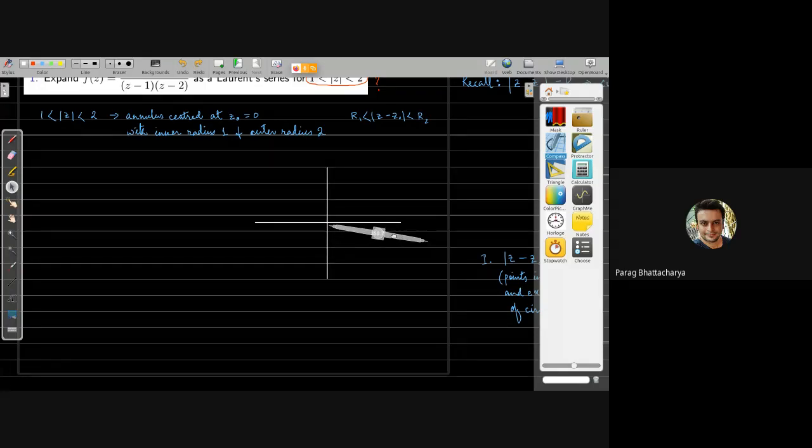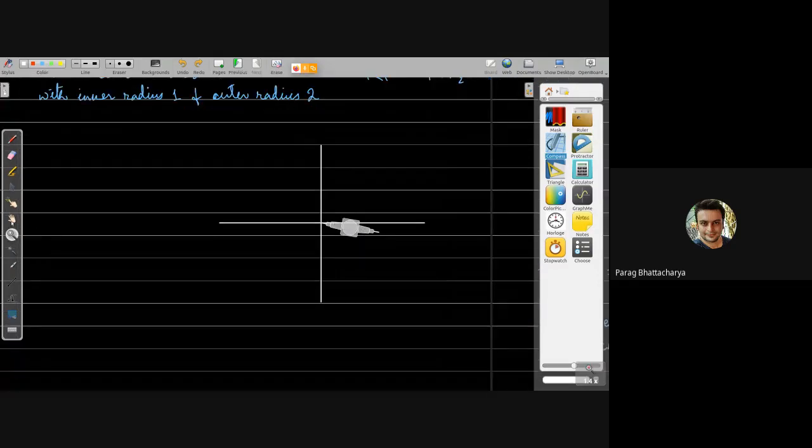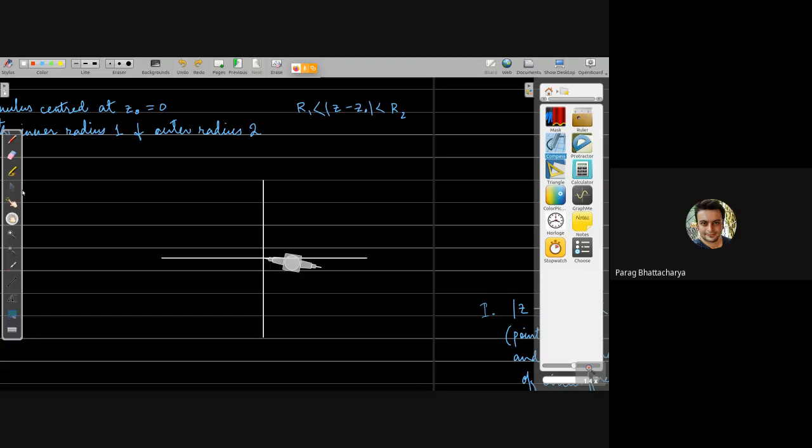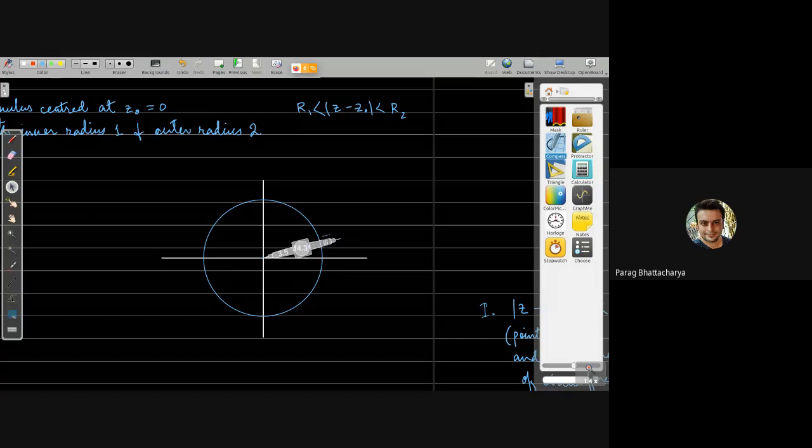The inner radius is 1 and the outer radius is 2. So we have the inner radius, which is 1. And then we have the outer radius, which is equal to 2.